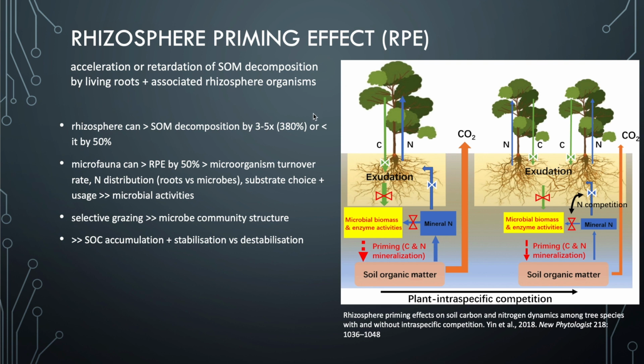So these are important questions to ask and study in order to better understand how these organisms, along with plants and other soil organisms, can actually influence carbon dynamics, soil carbon sequestration, and carbon dioxide release from the soil.